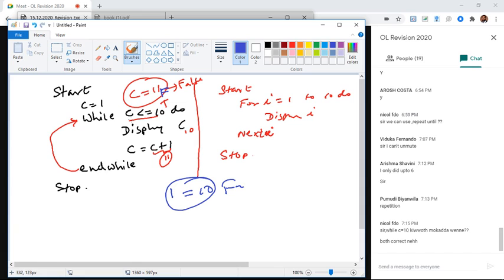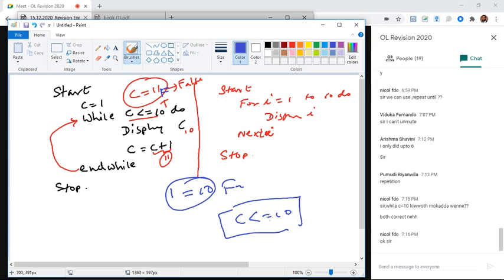So to satisfy this condition, c must be less than or equal 10. Right? It must be c less than or equal 10. Otherwise 1 equal 10? No, it's false. So it will go out of the loop. Okay? Right. You need to understand this properly.